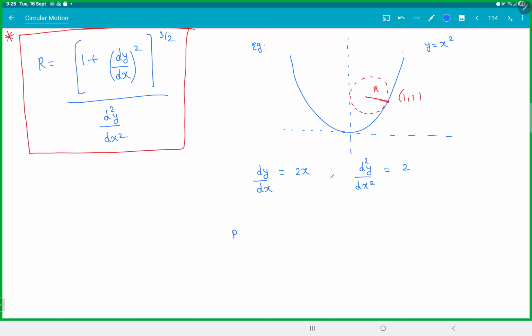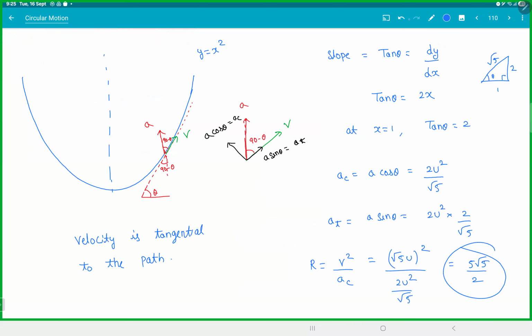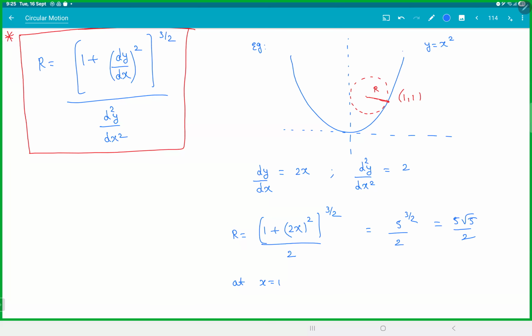So radius of curvature will be 1 plus 2x whole square, power 3 by 2, by 2. You wanted x is equal to 1. And that will become 5 power 3 by 2 by 2, which is 5 root 5 by 2. Same answer, right? There. You can skip everything and get the answer with the radius of curvature.